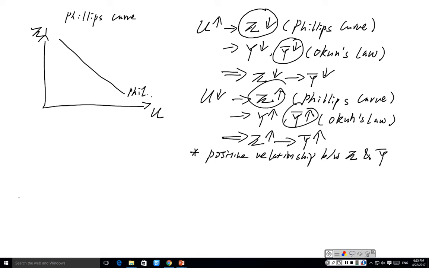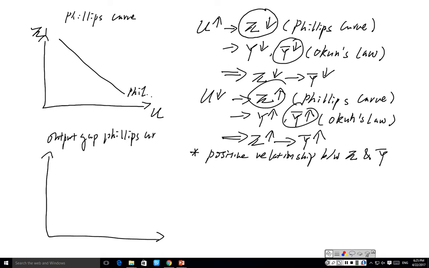So output gap version of the Phillips curve, we know we will use the new graph here. We call this output gap Phillips curve. And we still put the inflation rate pi here. But remember, for the output gap version of the Phillips curve, we put the output gap Y bar here.